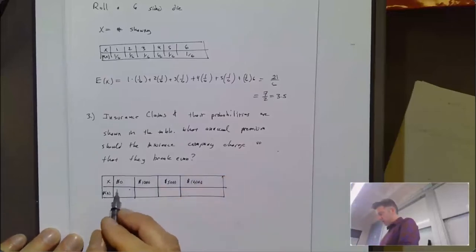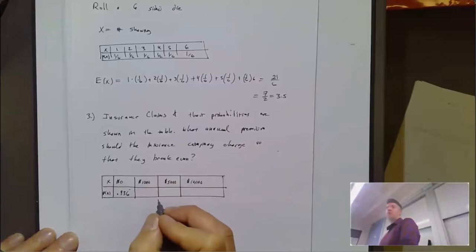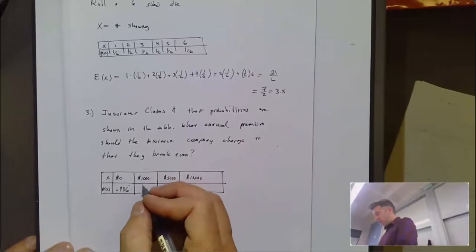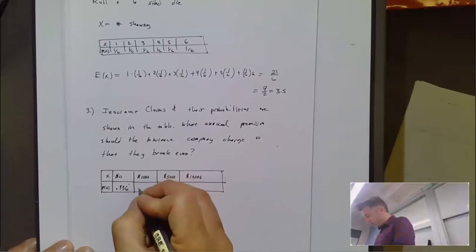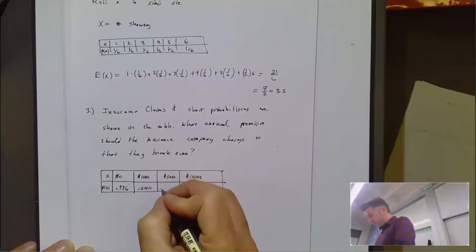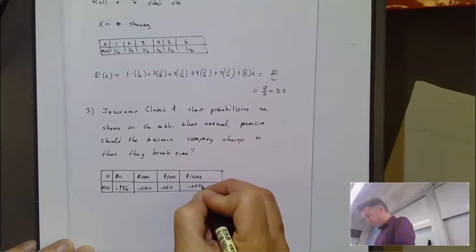The probability of making a $0 claim is 0.936. So most of the customers aren't going to make any claims. It's pretty typical for insurance. The probability of someone making a $1,000 claim is 0.040. The probability of making a $5,000 claim is 0.020, and the probability of a $10,000 claim is 0.004.